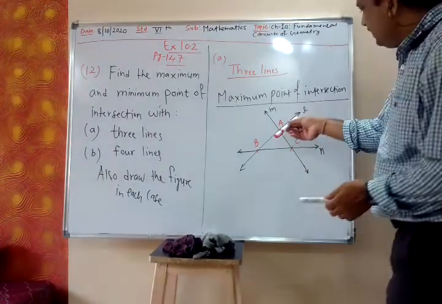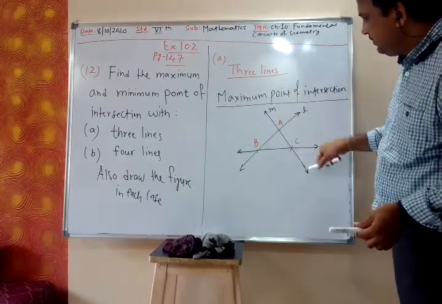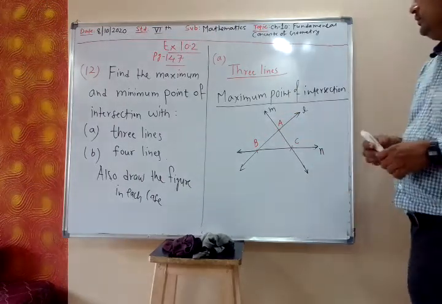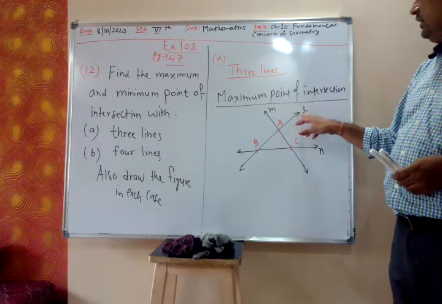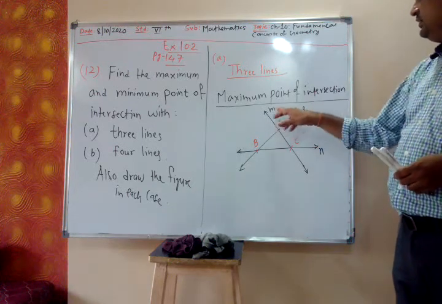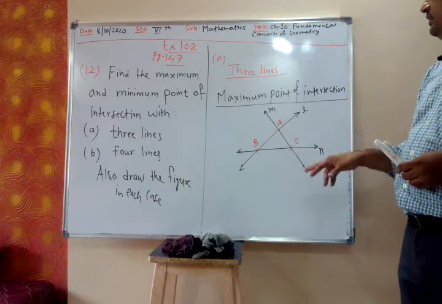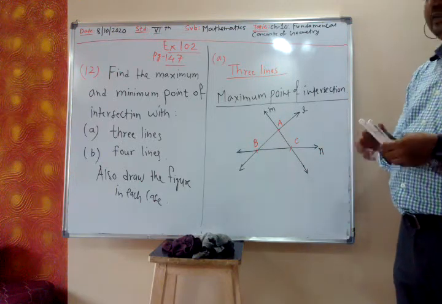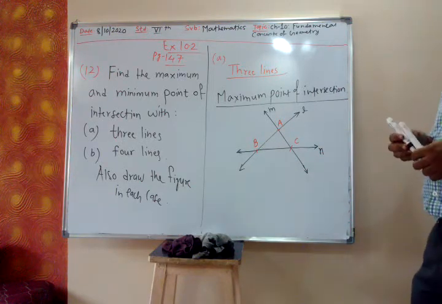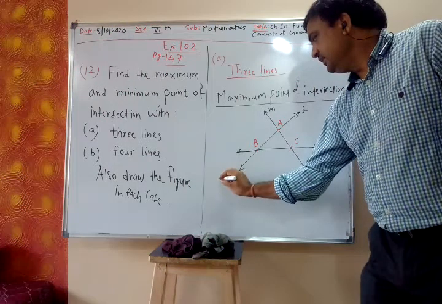These 3 lines intersect each other at points A, B, C. So the maximum point of intersection is 3.